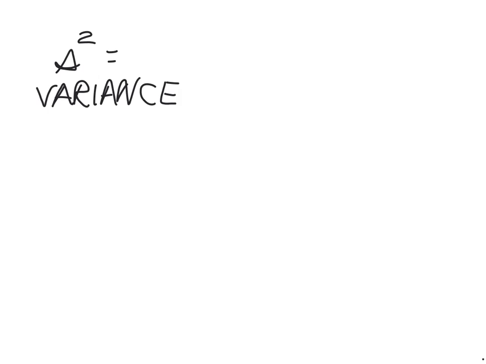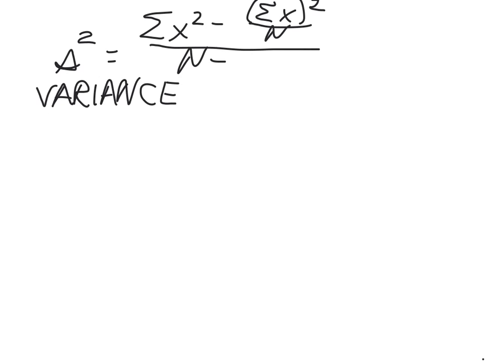The variance is the summation of the x's squared minus the summation of the x's, squared, over n, the whole thing over n minus 1. So about now you should be saying, I didn't sign up for this. What are you talking about? Okay? Well, the variance is standard deviation squared, first of all. And where are all these horrible looking things coming from?